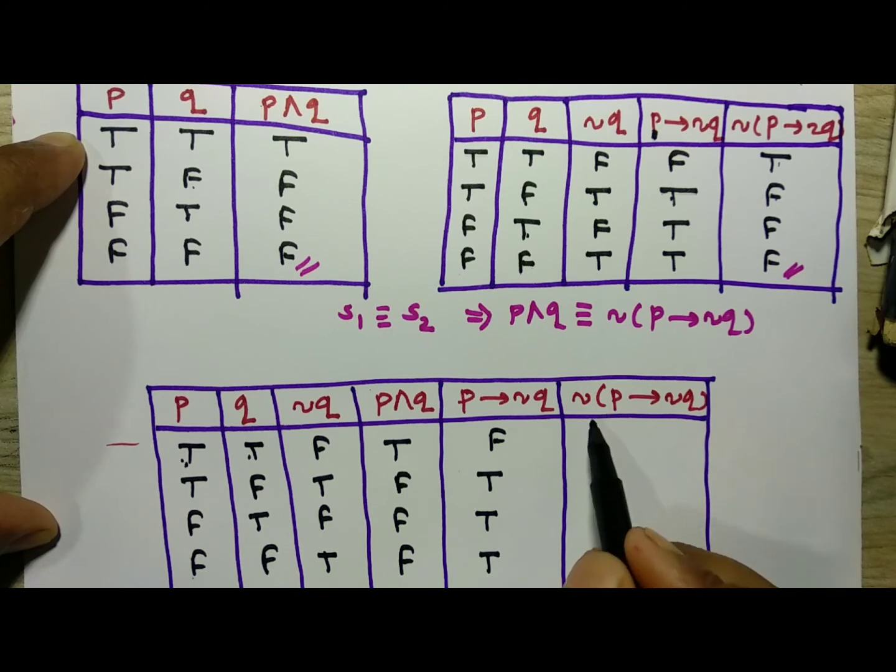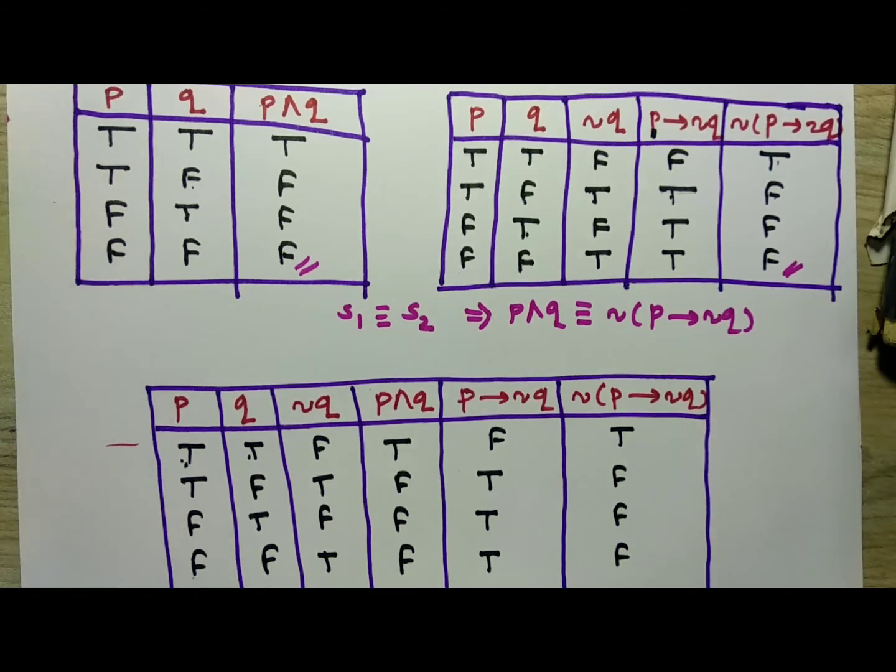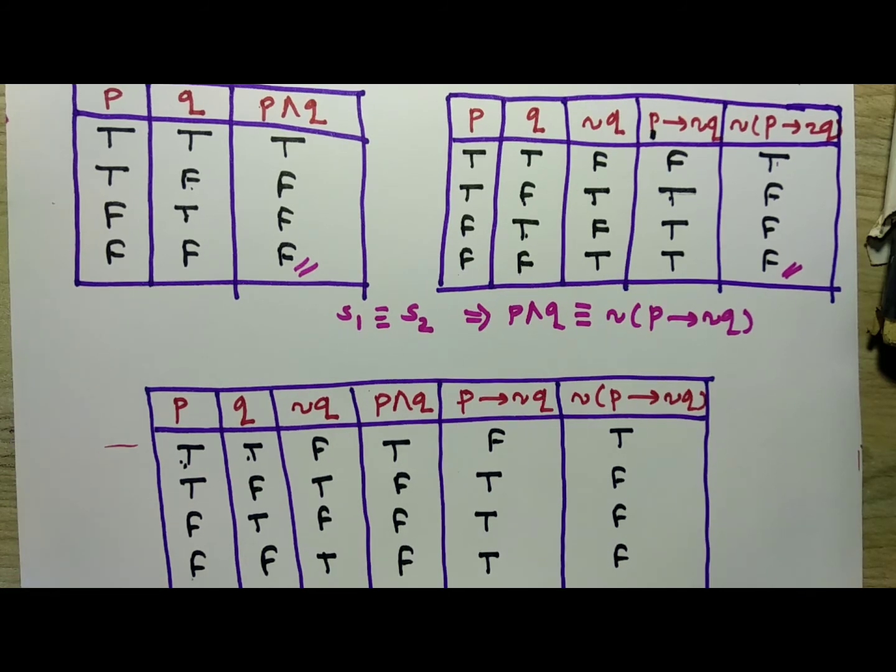And after that you will get the last one, which is nothing but the negation of this one, which is true, false, and you will get the truth table of these statement patterns in a single truth table as follows.